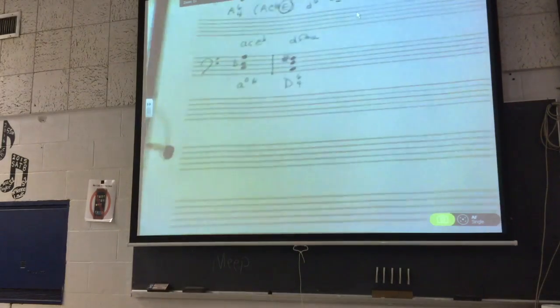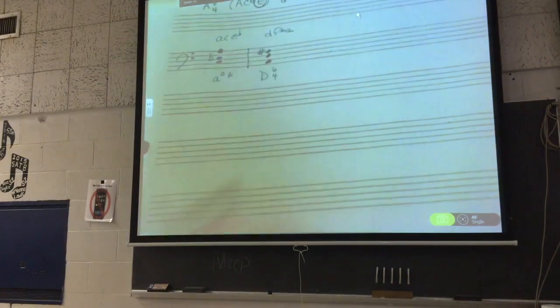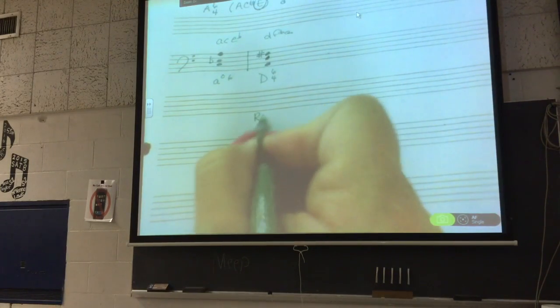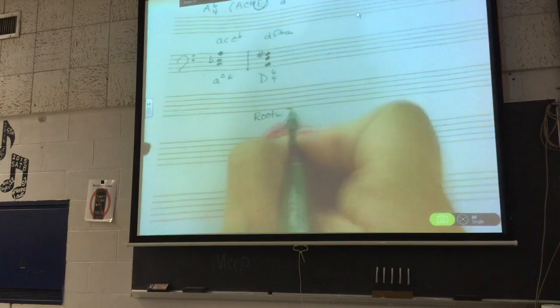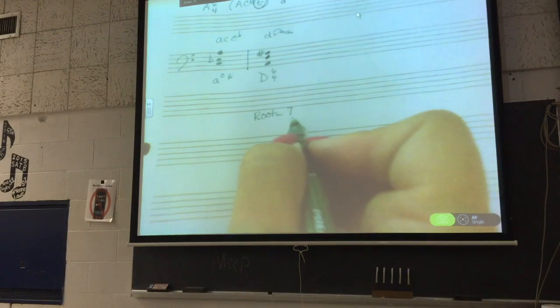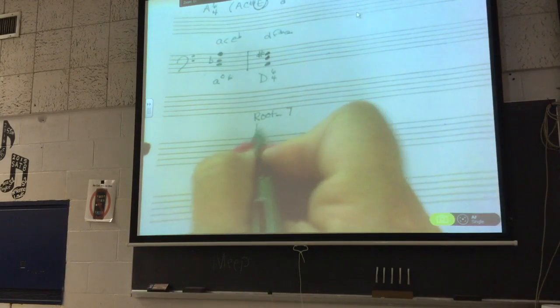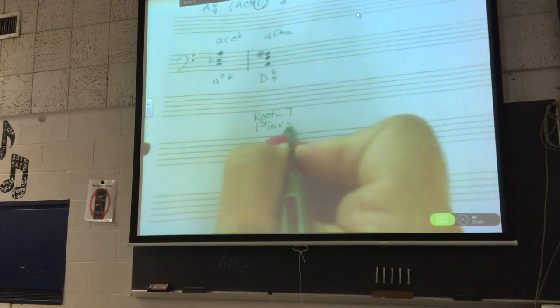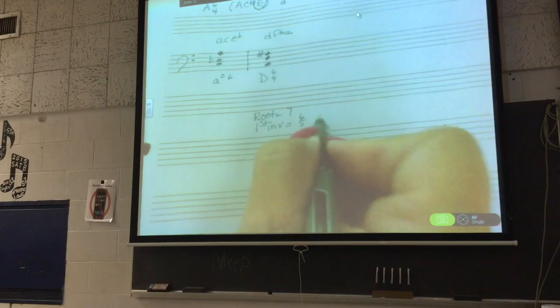Now let's move to seventh chords. We have 4 options in seventh chords. If it's in root position, I have to put a 7 beside it. Otherwise, I'm going to think it's a triad. If it's in first inversion, which again means that the third is the lowest note, I'm going to use 6/5.